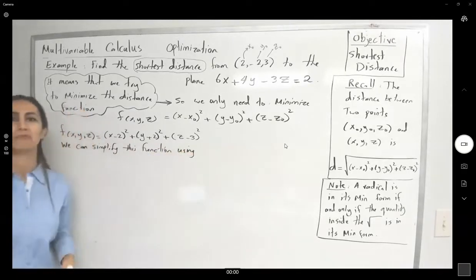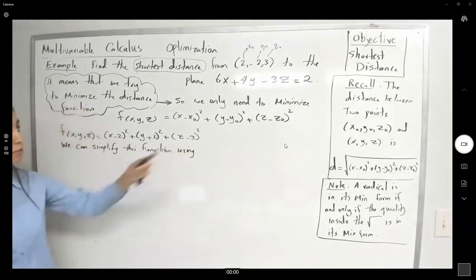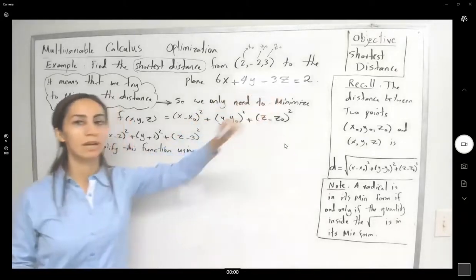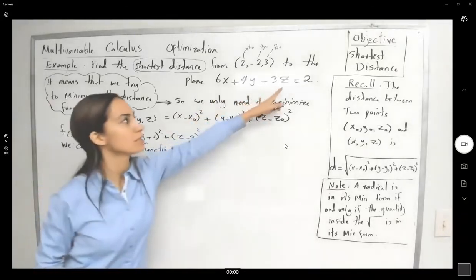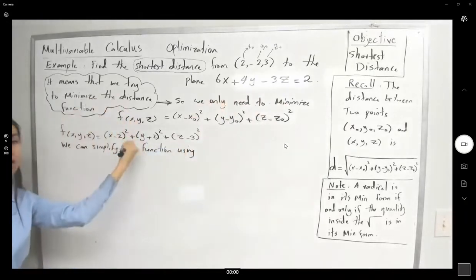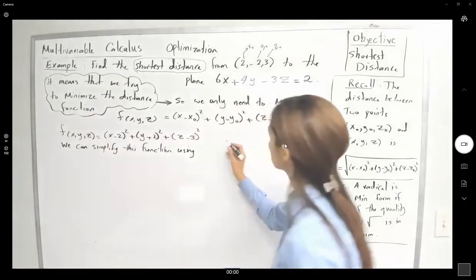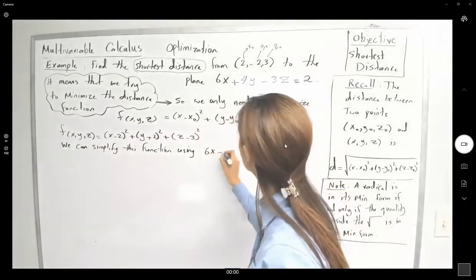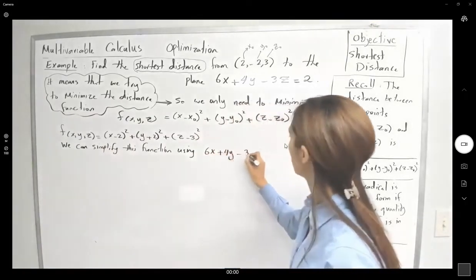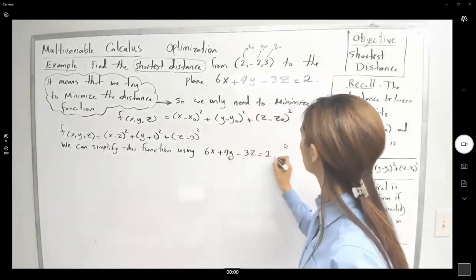Do I have a relation between x, y, and z? Yes, of course. I have this relation between x, y, and z. I can write z in terms of x and y and plug that in here. Why not? Using 6x plus 4y minus 3z equals 2.